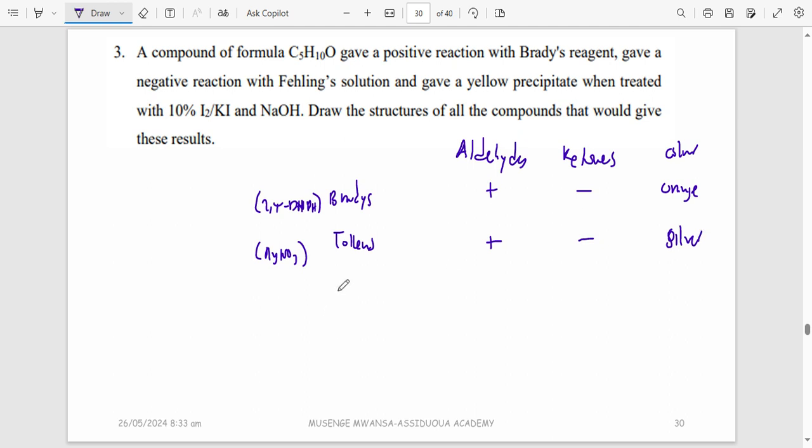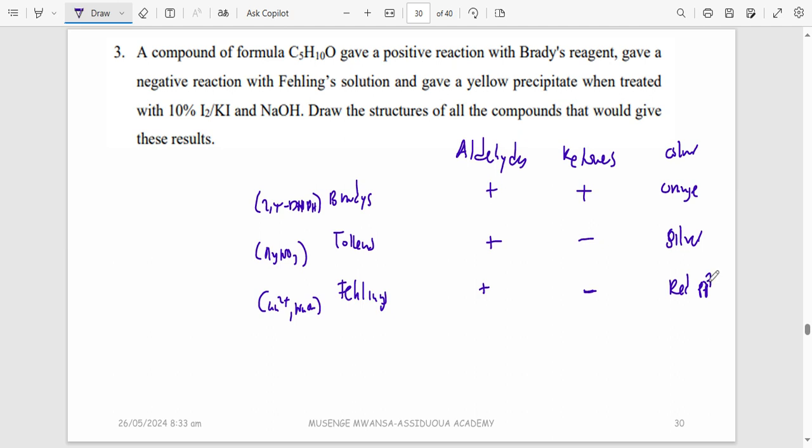The next test is the Fehling's test, and for the Fehling's test we basically use copper with sodium hydroxide. This is also positive only for aldehydes. By the way, Brady's test is a test for all carbonyl groups. It's positive for anything that has got a carbonyl, unlike the Tollens and the Fehling's, which are only positive for aldehydes. And this one gives us a red precipitate.